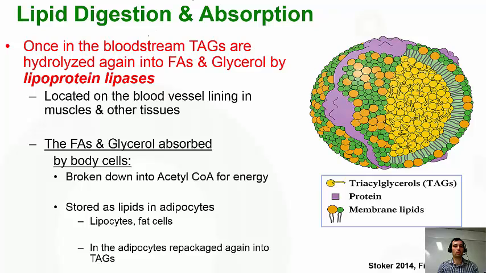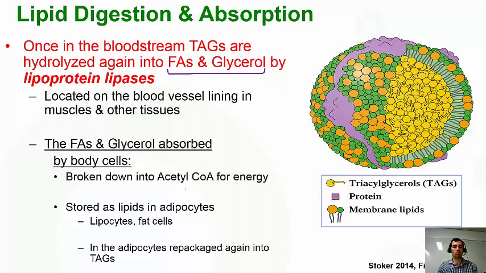Once we do have the triacylglycerols in the bloodstream, we break those down into fatty acids and glycerol, and this is done by enzymes called lipoprotein lipases, enzymes that specifically break down our chylomicron. The fatty acids are then able to be absorbed by the body cells, and once absorbed, they can really be used for two things.